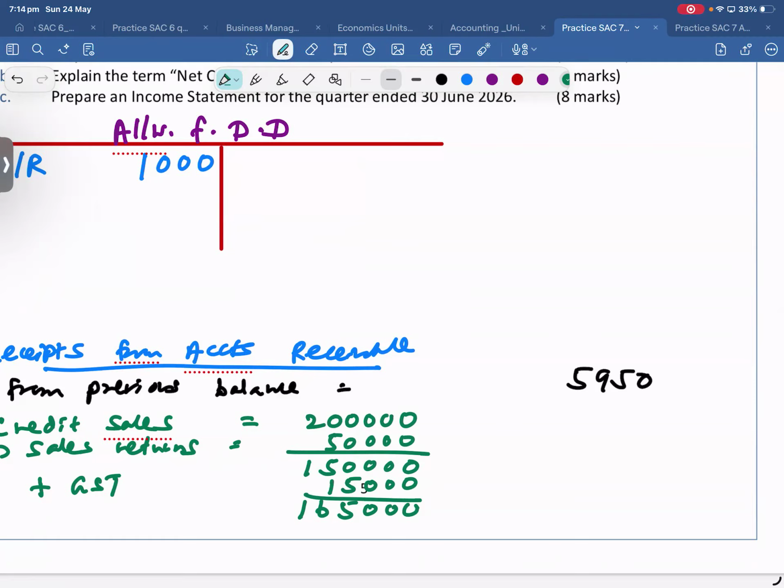So I'll times this by 60%, giving me 99,000.